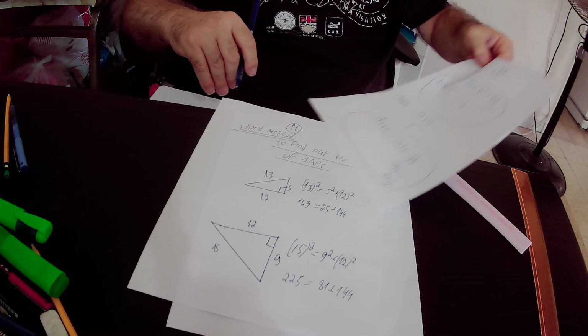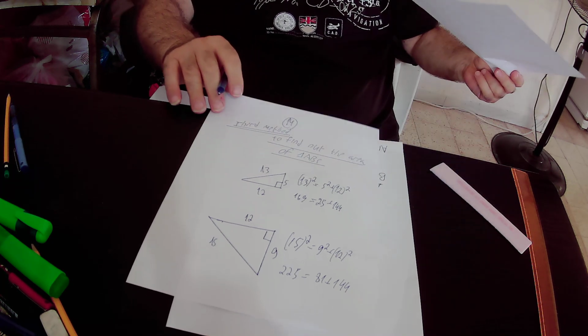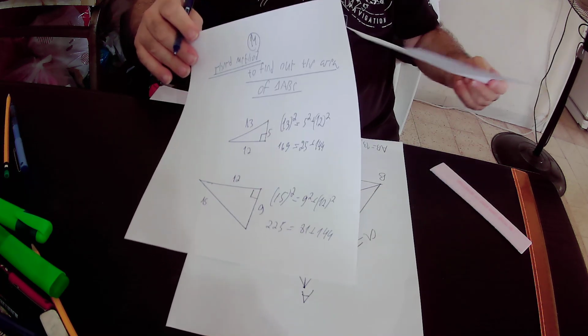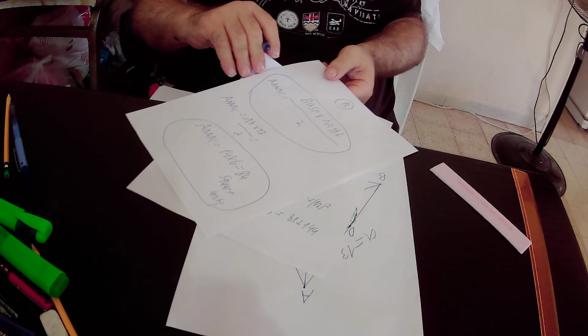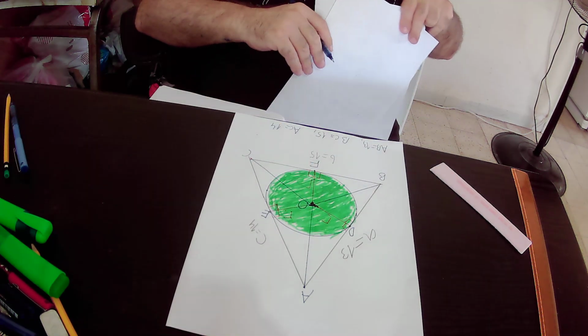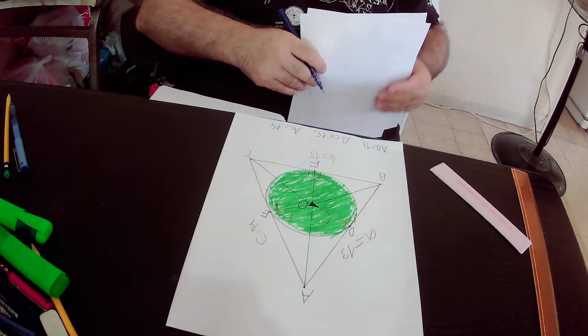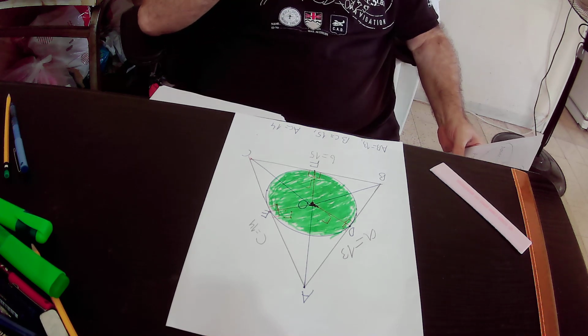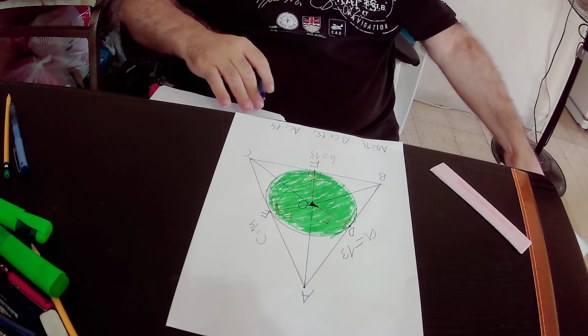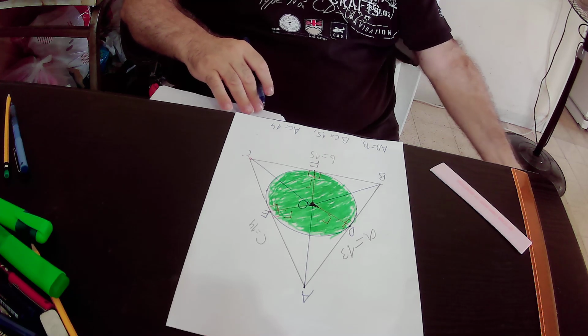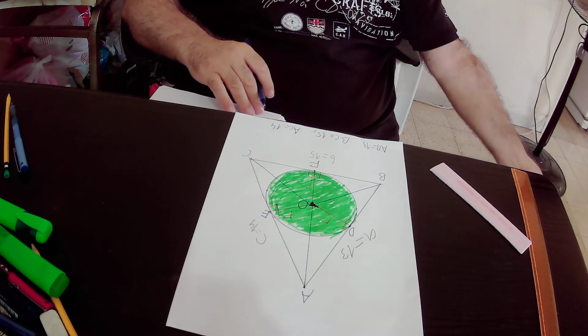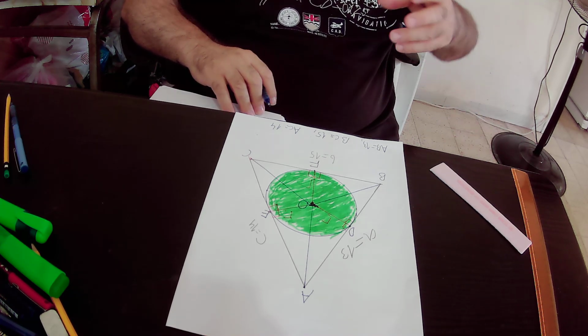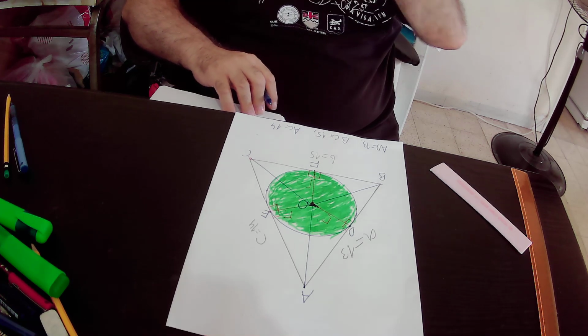Okay, and actually, if we want to find out the radius of the green circle, we can use the first way.